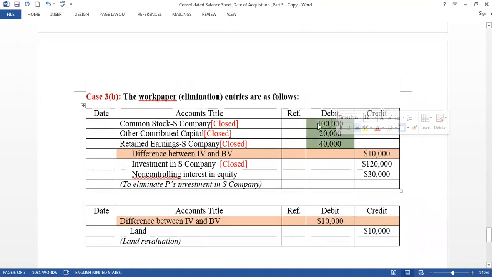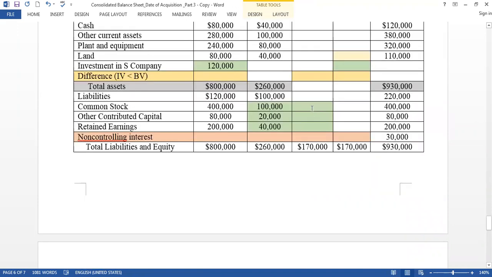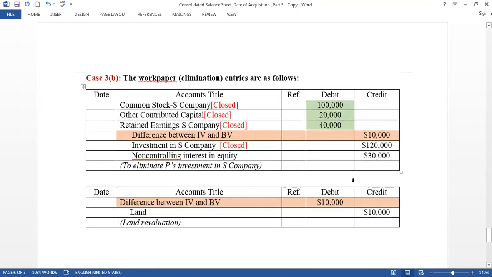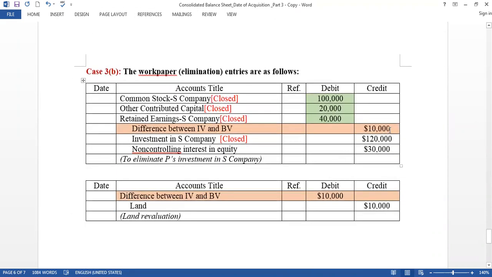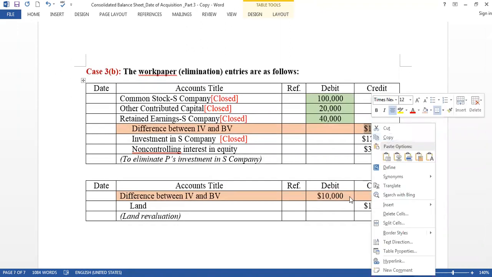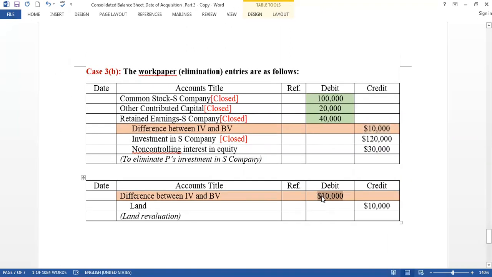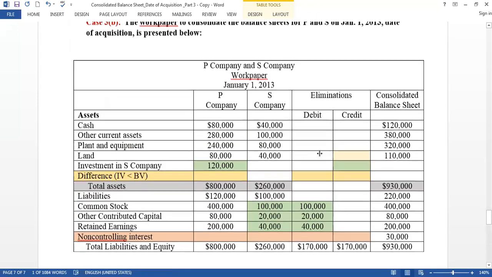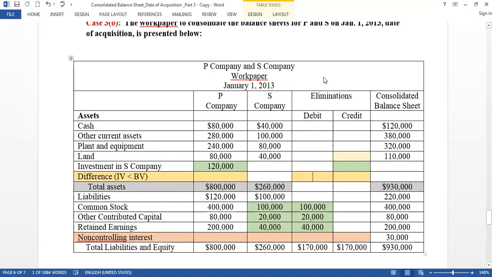So first, these three make it debit. Then we have $10,000 difference credit. We have another $10,000 debit difference. So this is the difference column. We put debit. Then we put it again credit.